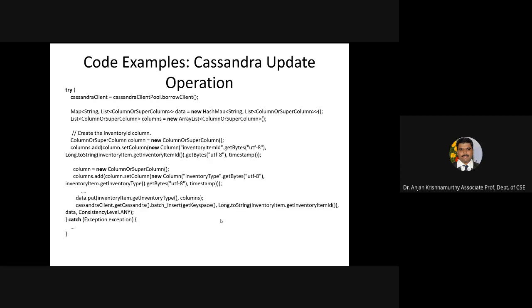Column or super column updation can happen in this case. And whatever is to be updated is in this set of lines of code, where you are trying to update certain things with respect to the data, or certain things with respect to the super column. So these are the details with respect to this.